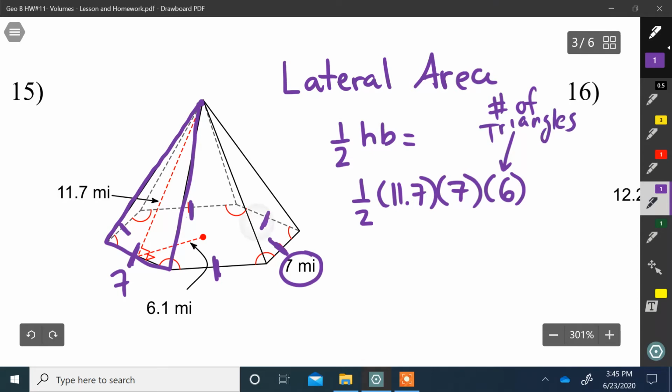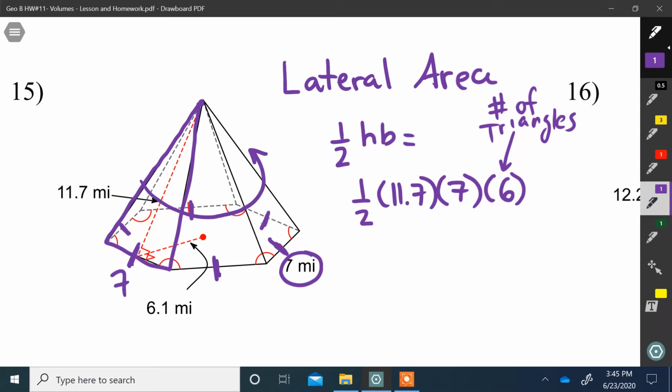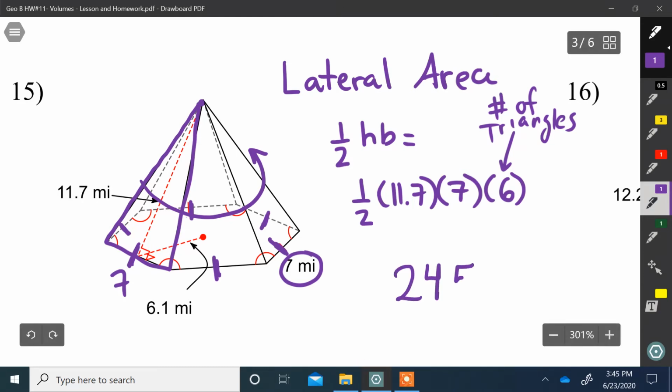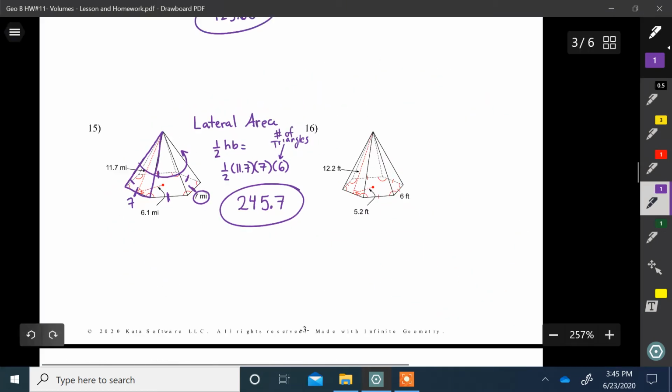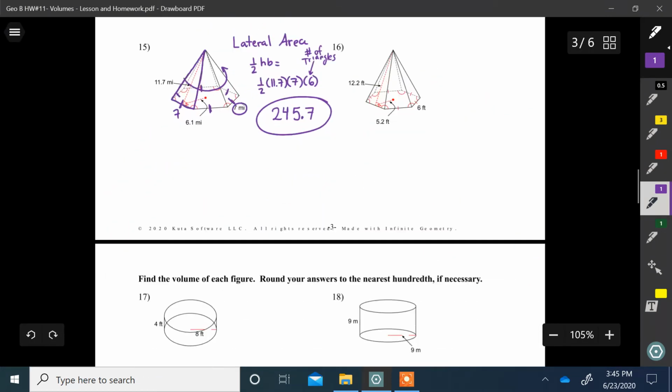Okay, and those are all the triangles that are surrounding this pyramid. When I multiply all that out, you should get 245.7. All right, very good. So that should help you with number 16.